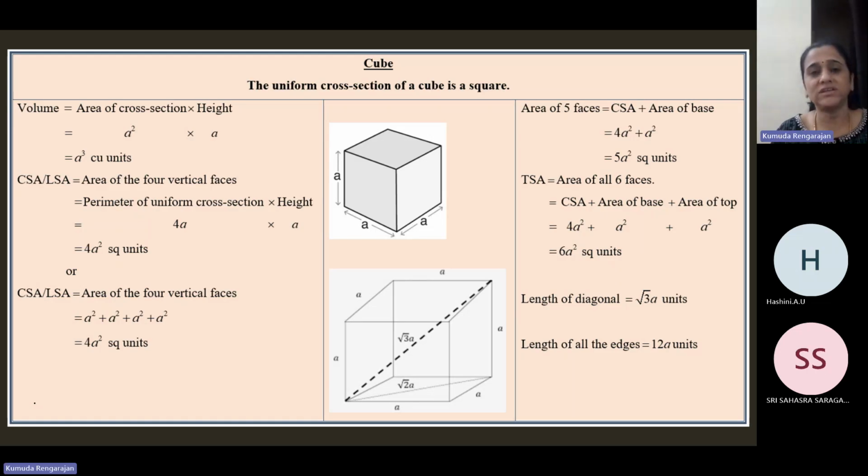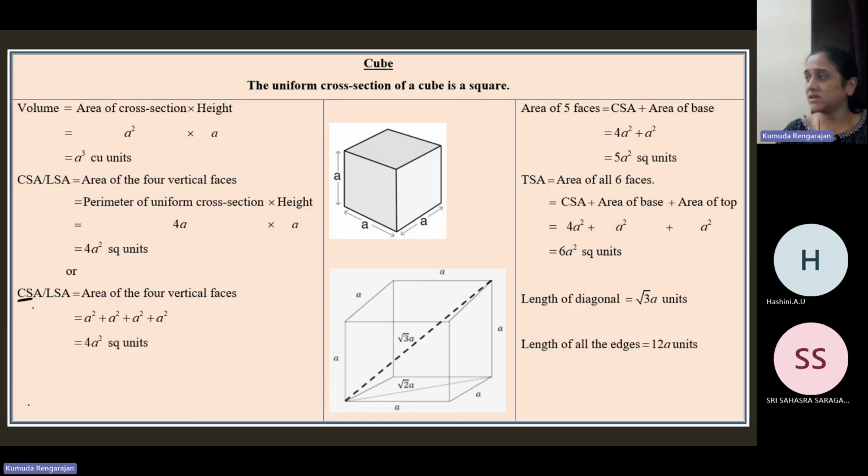So total surface area is the area of all the six faces. Same room, area of the four walls alone is the lateral surface area of the room. The lateral surface area is sometimes called the curved surface area.